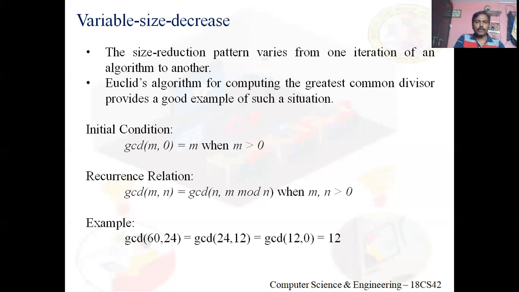Euclid's algorithm for computing the greatest common divisor of any two non-negative integers, not both 0. Means you are given two integers, you need to determine their GCD. The condition is that those two inputs should be non-negative, and not both 0.